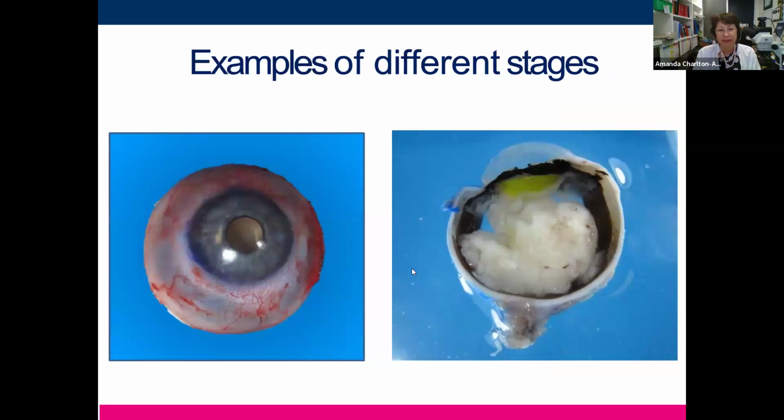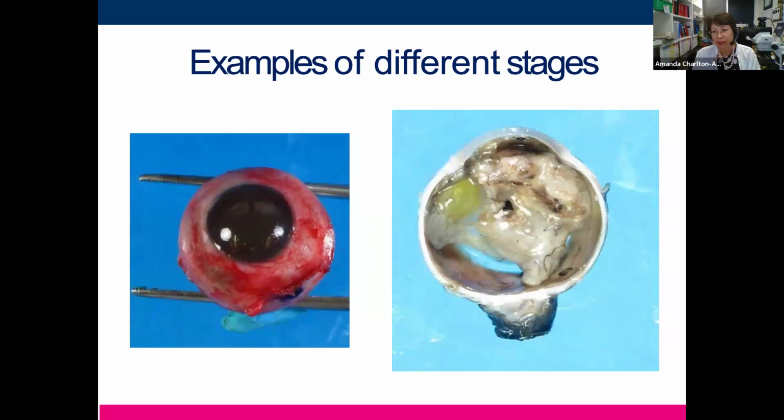More examples of different stages. So here we got the white pupil reflex, and this one here is confined to the posterior cavity. This one here, different one, it's very red on the outside. It's got incited vascular congestion.